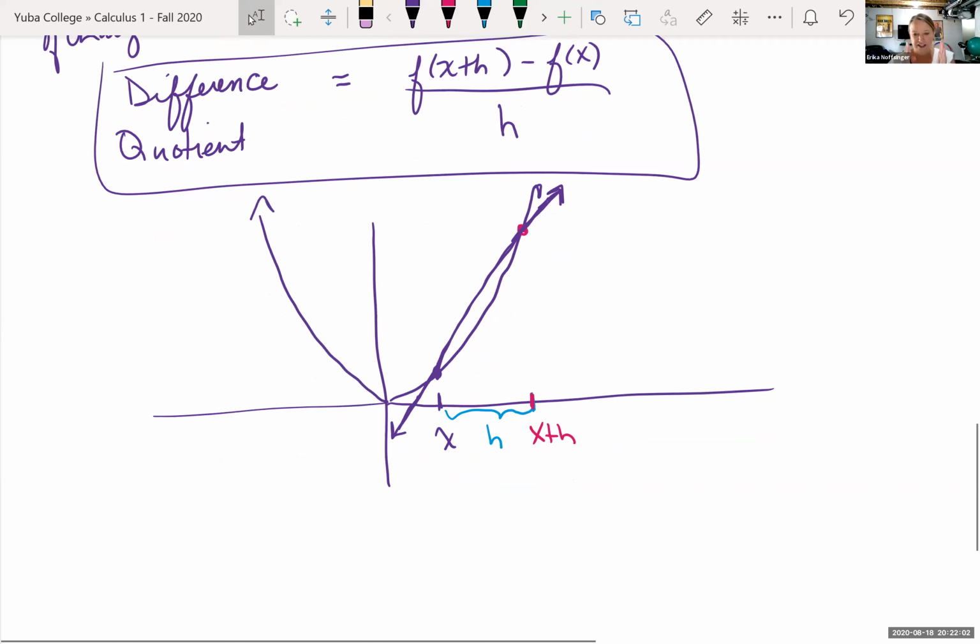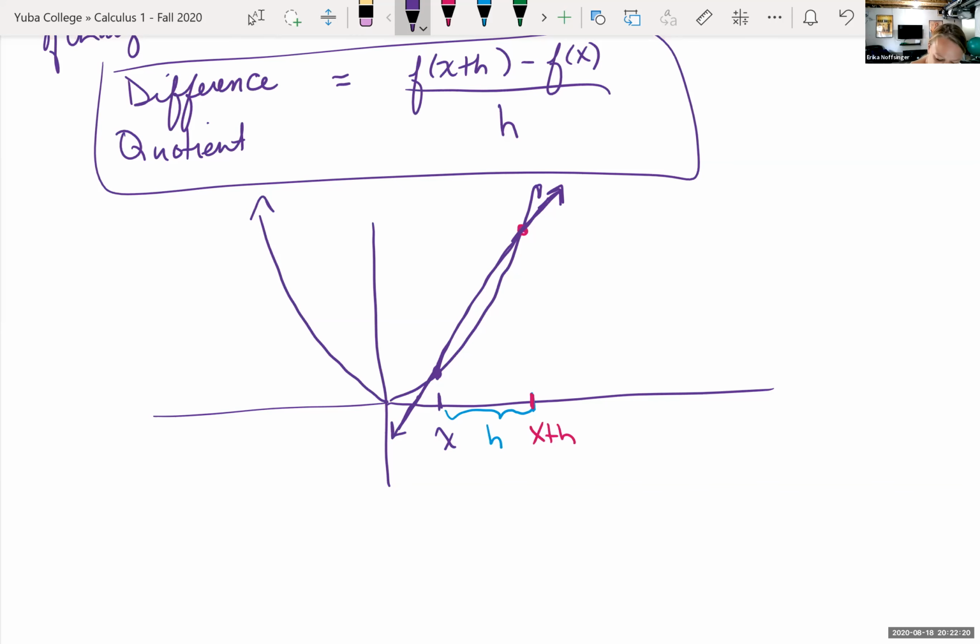But if we take our h value, and instead of it maybe being a length of 2, we sandwich it down and make it a length of 1, and then 1/2, and then 0.25, and then 0.1, that value is going to get closer and closer to here.